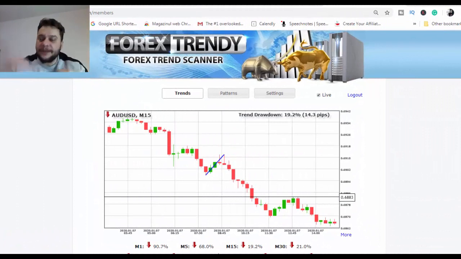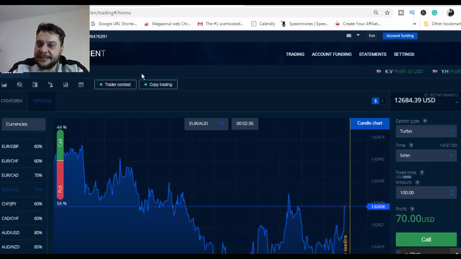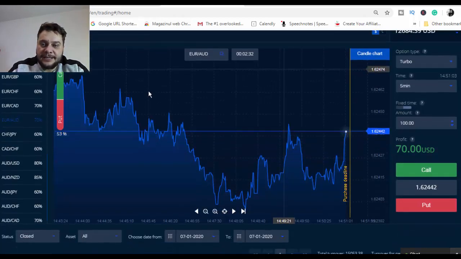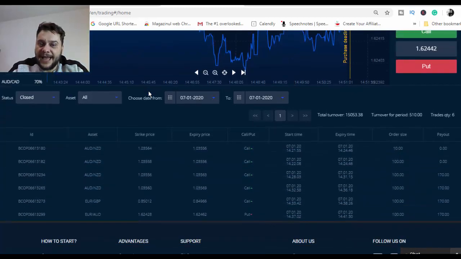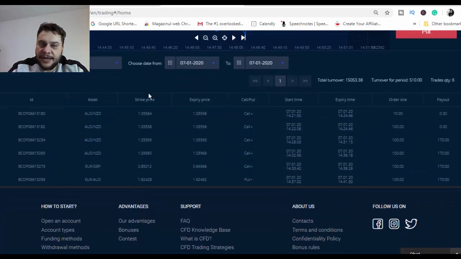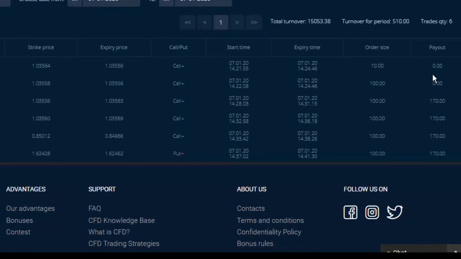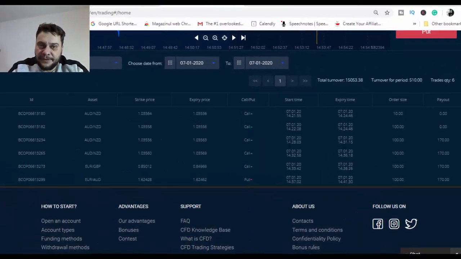All right, guys. So I'm back with Forex Trendy and Binarycent, and as you can see here, let's have a look at what happened with today's trades. So we have a total of 6 trades, and we have 4 in the money and 2 out of the money, and a total of $280 profit for today, because I invested $10 on one trade and $100 on the other.